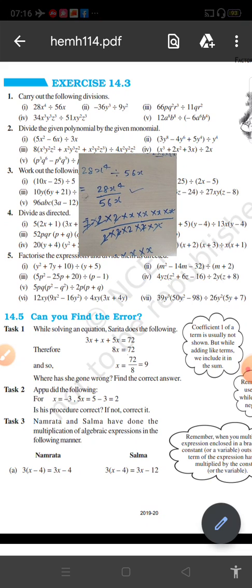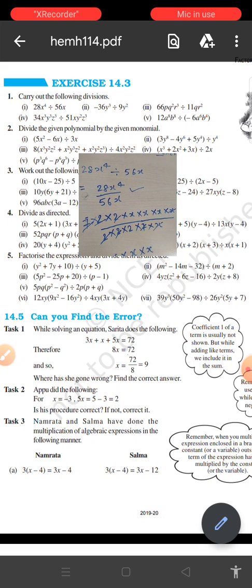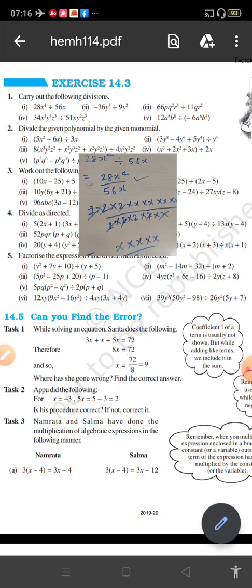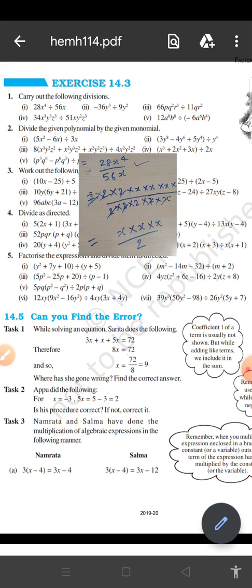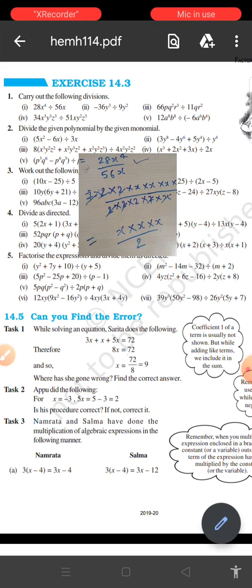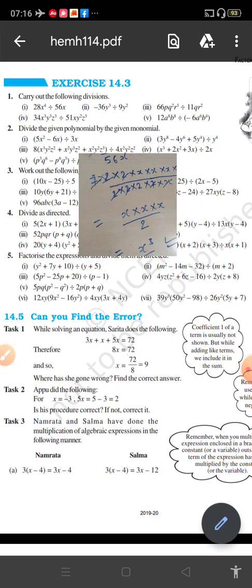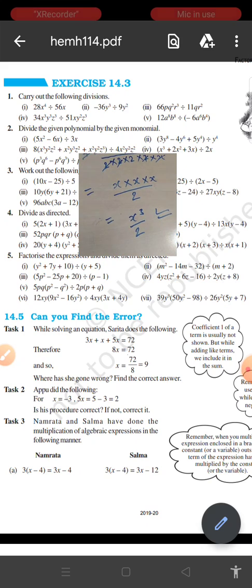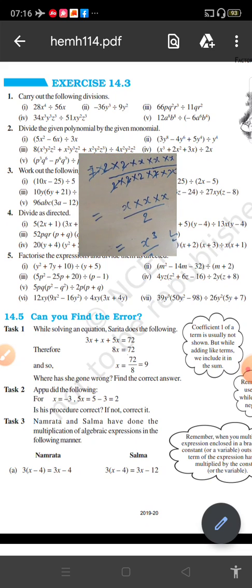You can see 2 into 2 into 7 into x are common, so we cancel them and we obtain x into x by 2. In this way we find our required result, x power 3 by 2.